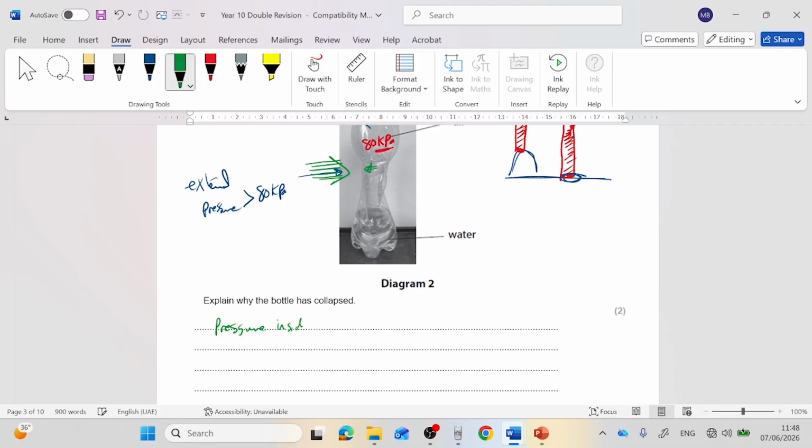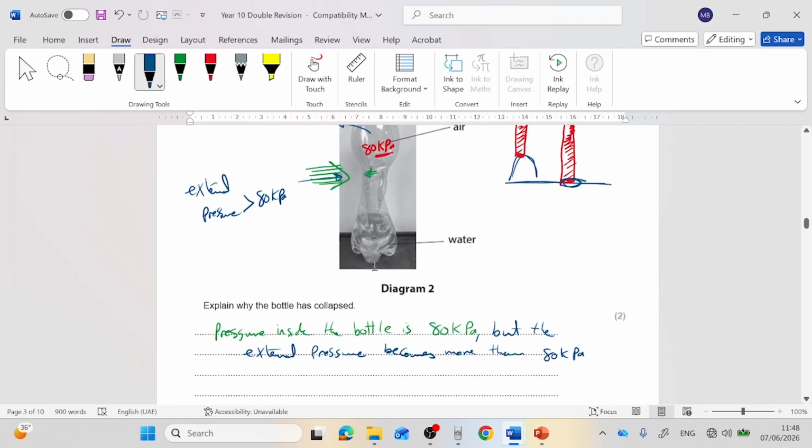So we will say the pressure inside the bottle is still 80 kilopascal. This is the first point. But the external pressure, you can say after landing, becomes more than 80 kilopascal because the aeroplane just landed, right?